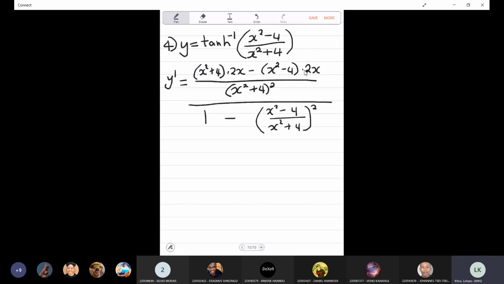Here in the numerator, you can see that 2x is common. Then we'll have x squared minus x squared, and then 4 minus negative 4 is 8.